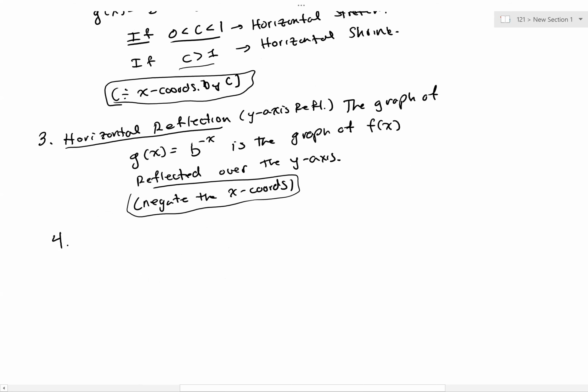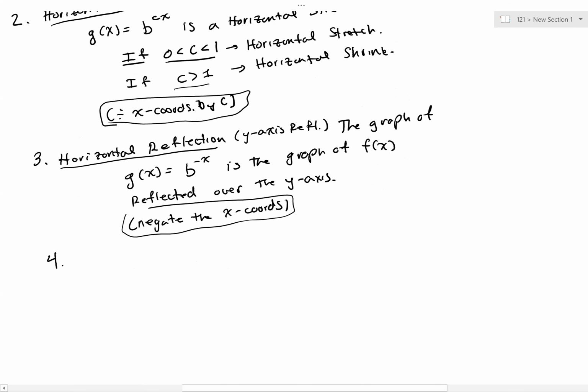So now we're going to look at the vertical ones in kind of a reverse order. So let's look at vertical reflection. That means you're flipping the graph over the x-axis. So we'll also refer to this as an x-axis reflection.